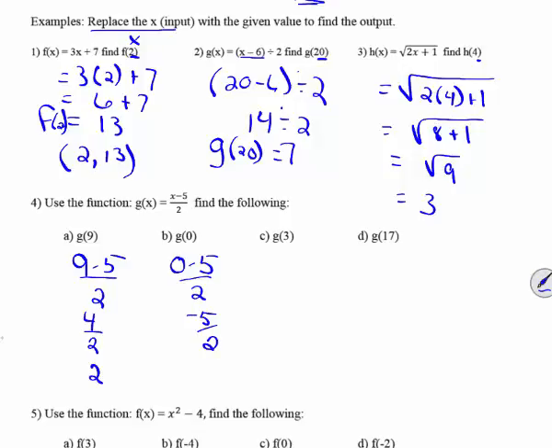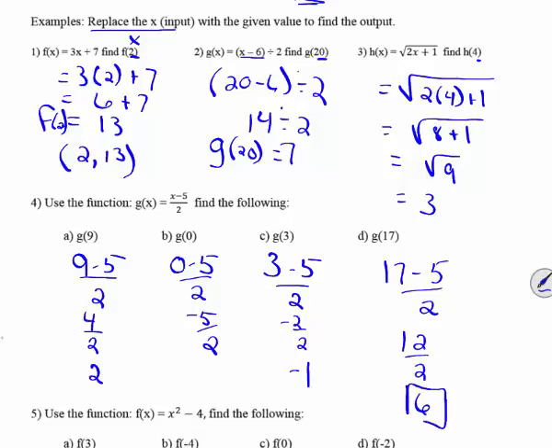Negative 5 over 2, and I would leave it like that. For g of 3, that means I'm going to have 3 minus 5 over 2. 3 minus 5 is negative 2, so that's negative 1. And then for 17, 17 minus 5 divided by 2, so that's 12 divided by 2, which is 6.